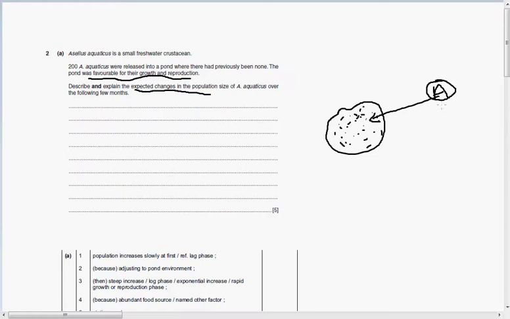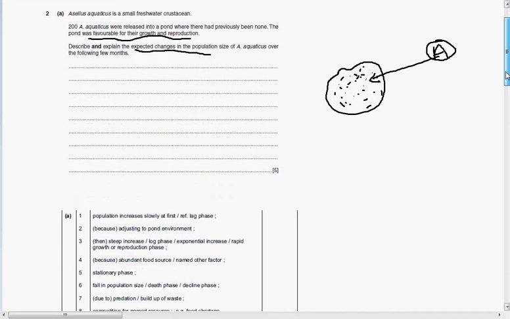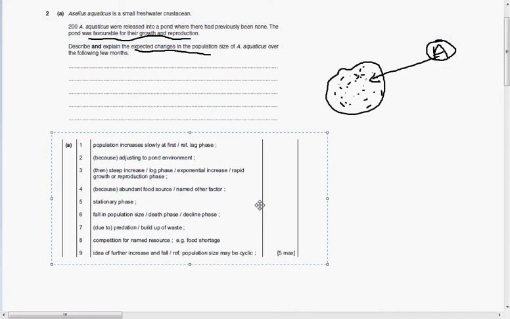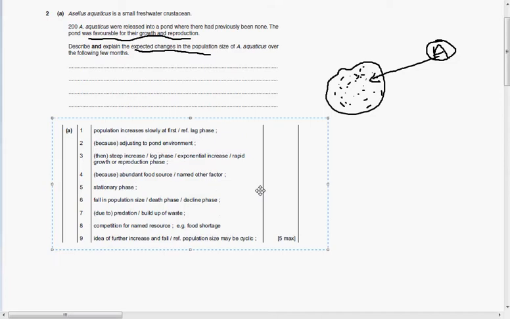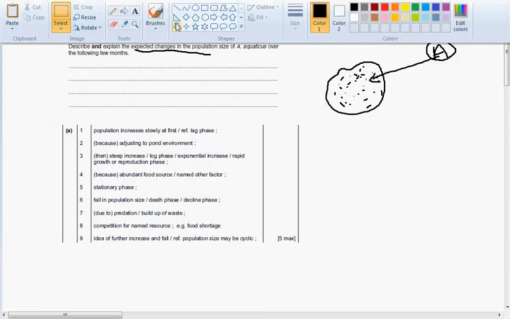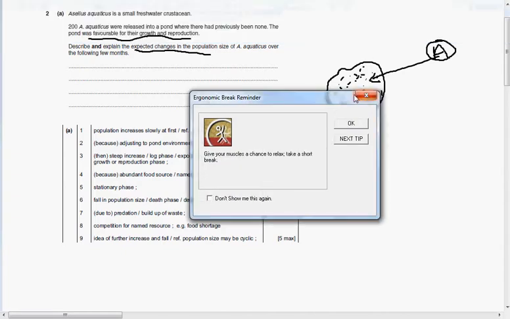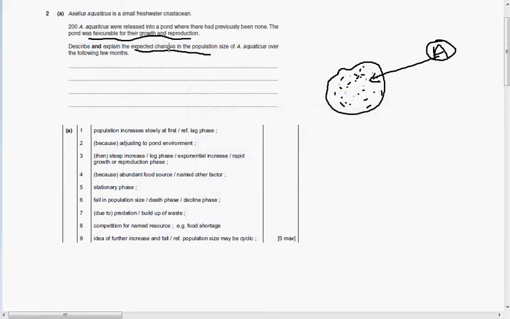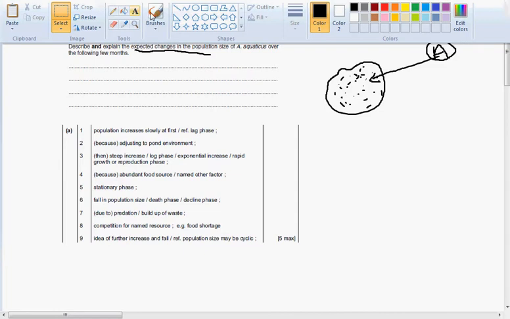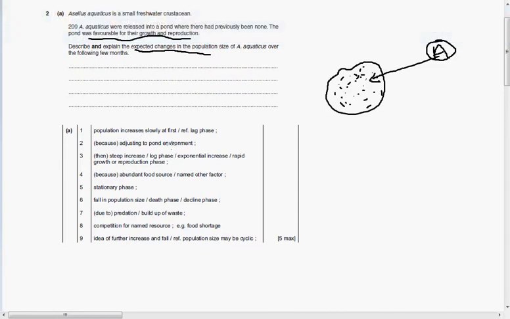So the pond is favorable for the growth and reproduction of A. So what happens? Let me just bring this here so we don't miss the points. So what happens is as follows. Okay, so the population increases slowly.